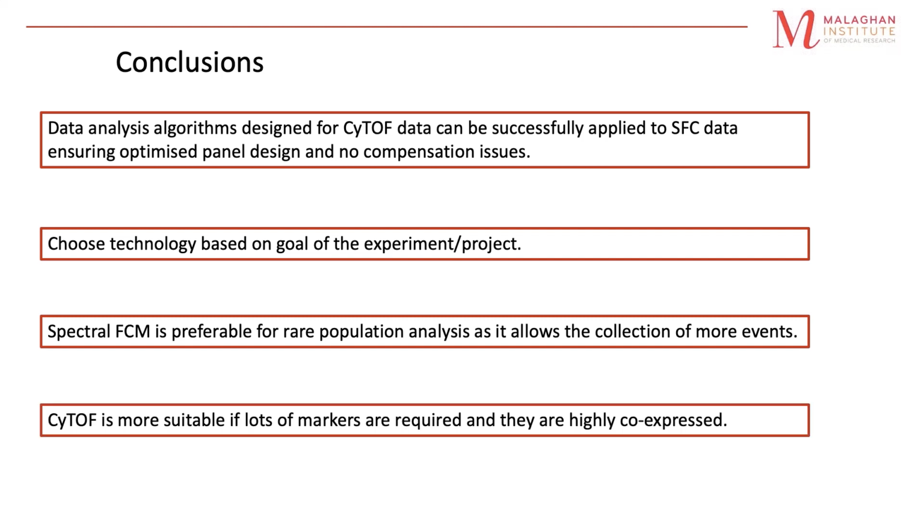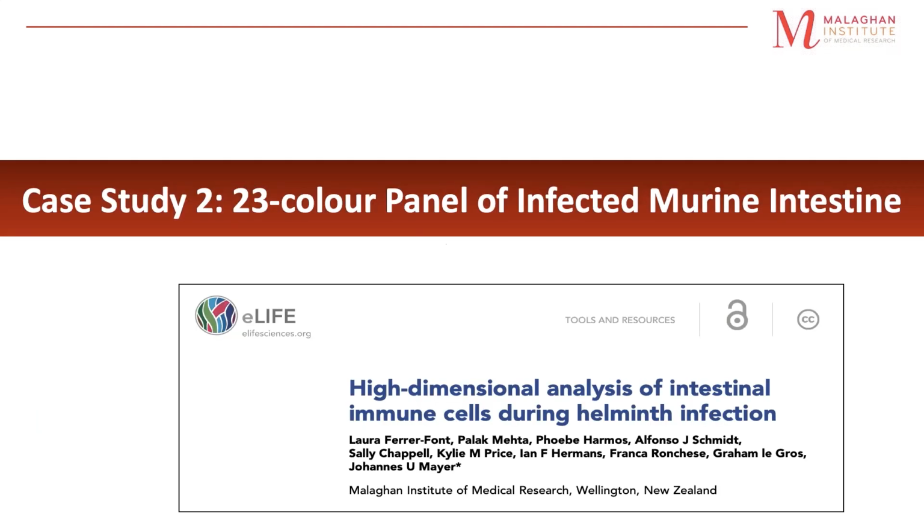While if you want to design a very big panel with highly co-expressed markers, maybe CyTOF will be the best approach. So based on these criteria, we decided to use spectral flow cytometry for our second case study. That is about analyzing immune cells of helminth-infected intestines.